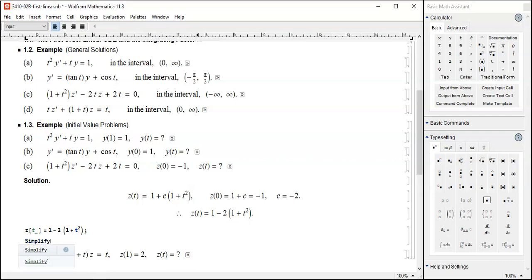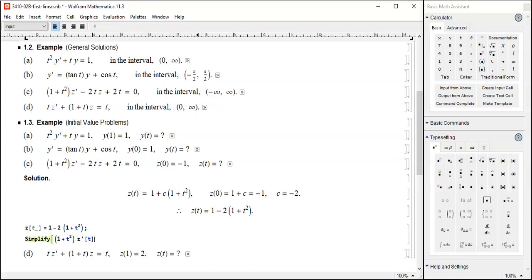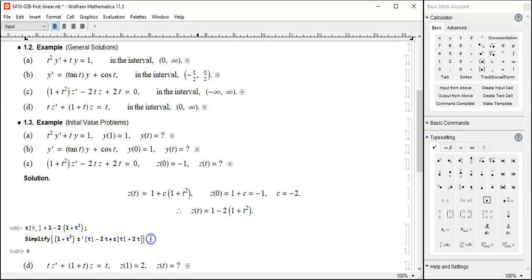Simplify, and then let's simplify this whole thing: 1 plus t squared, z prime of t, minus 2t times z of t. You see, if I forget this times, then tz may look like just one variable. So in order to avoid that, I'm putting either a space or the multiplication symbol. Simplify, and I can check whether this is a solution indeed.